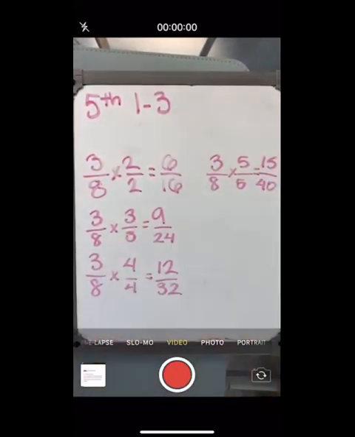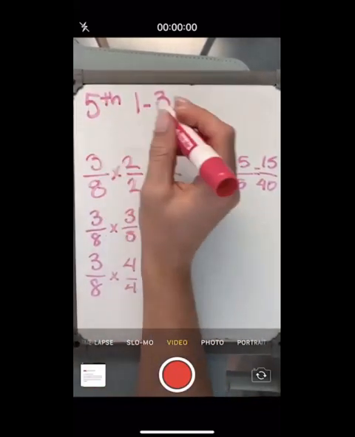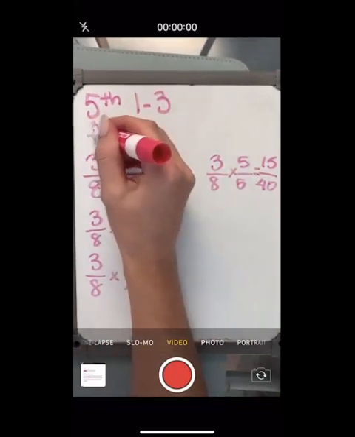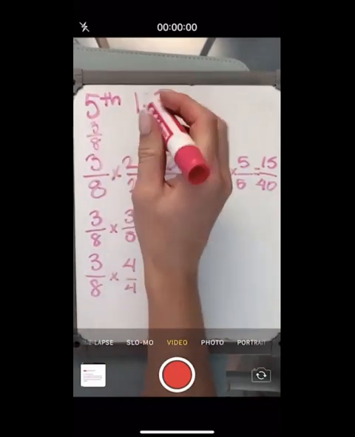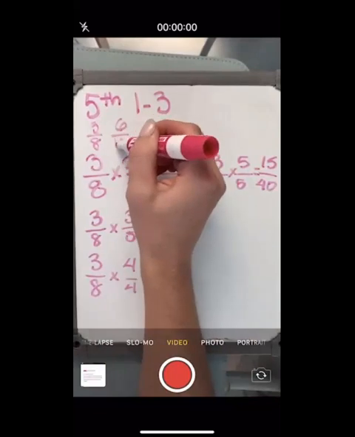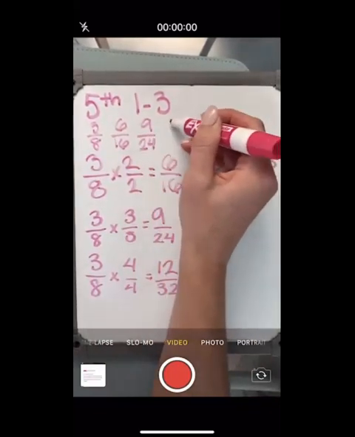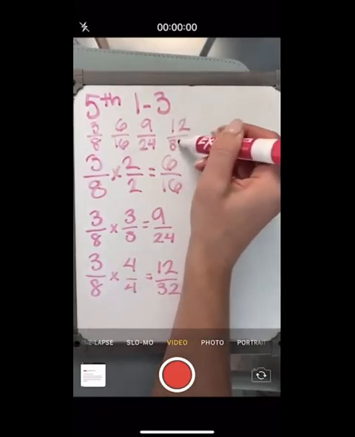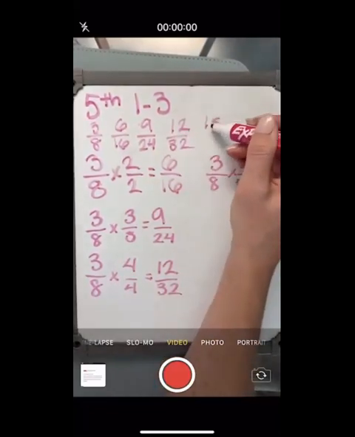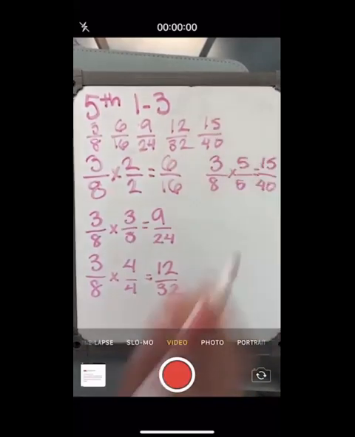So we could line these up as a chain of equivalent fractions, okay? We started with 3/8, then we had 6/16, then we had 9/24, then we had 12/32, then we had 15/40.